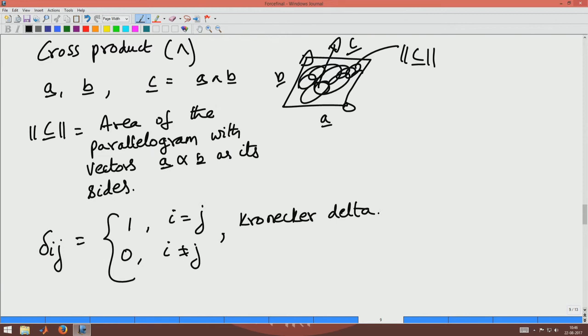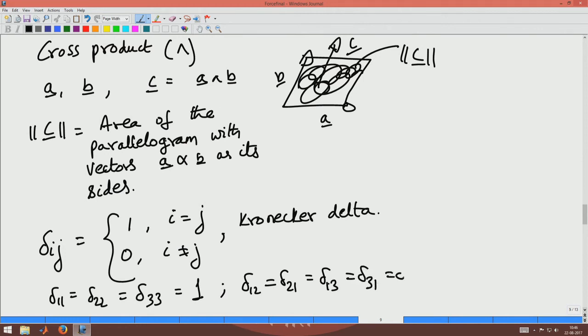That is, delta 1 1 would be equal to delta 2 2 would be equal to delta 3 3 would be equal to 1, but delta 1 2 will be equal to delta 2 1 equal to delta 1 3 equal to delta 3 1 equal to delta 2 3 equal to delta 3 2, all this would be 0. So, this is called a Kronecker delta. This is used for dot product.